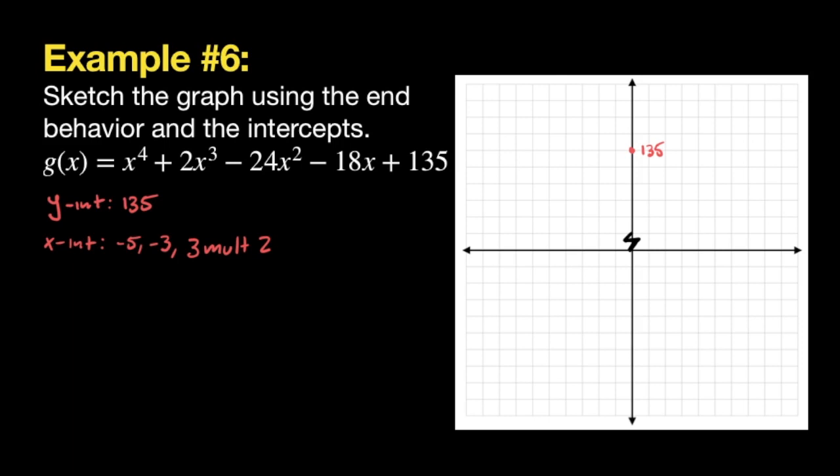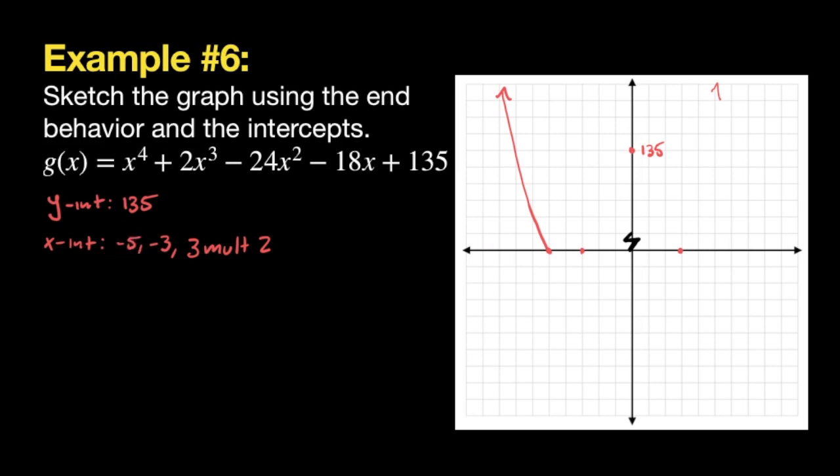Then we have 1 point at -3, 1 at -5, and then we also have 2 at 3. Since we know that this needs to start from the positive side because it has to go up, this has to go up from both ends, we're going to start from above because in this case we only have a multiplicity of 1.